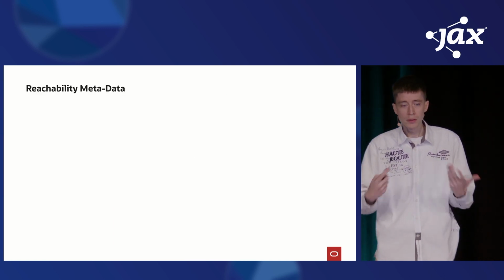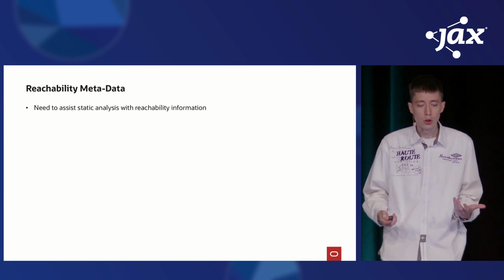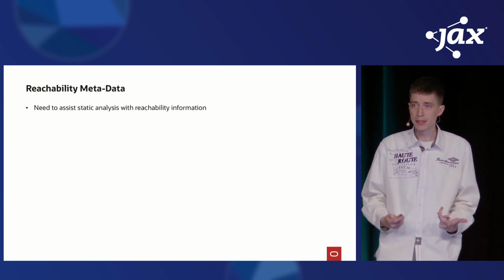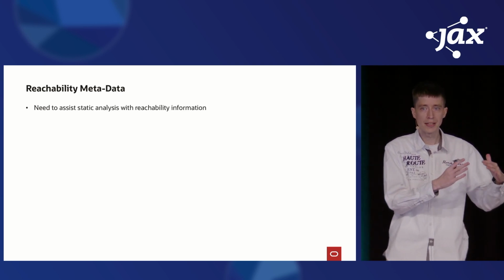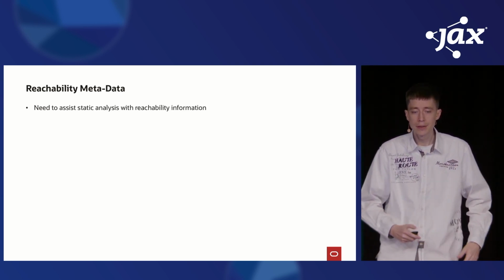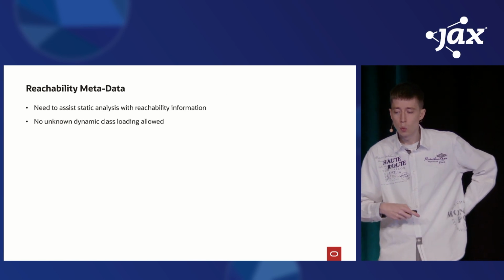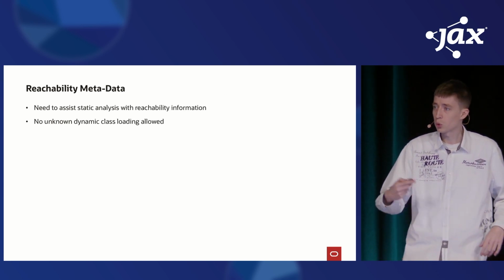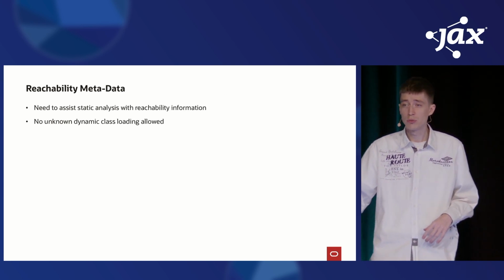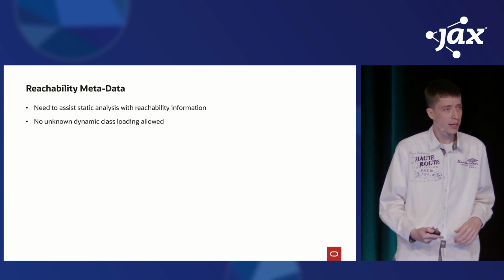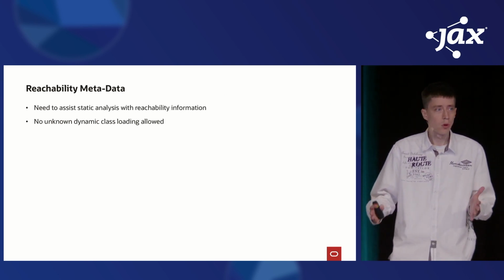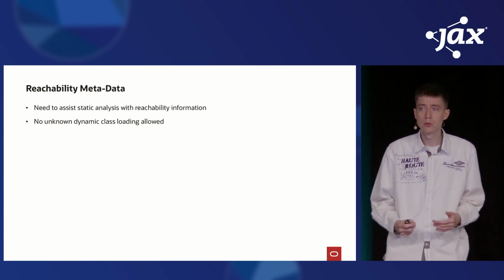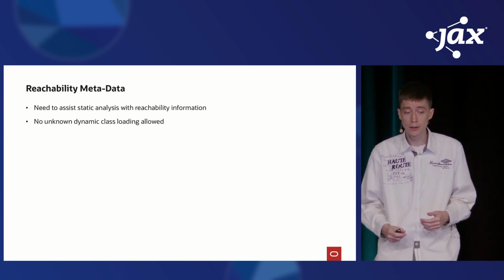One disadvantage is that you need reachability metadata to assist our static analysis to create this compact image. For this, certain Java programs rely on certain features that we have to disable. We disable them to get a more compact image, and sometimes also because it helps, to a certain extent, security.